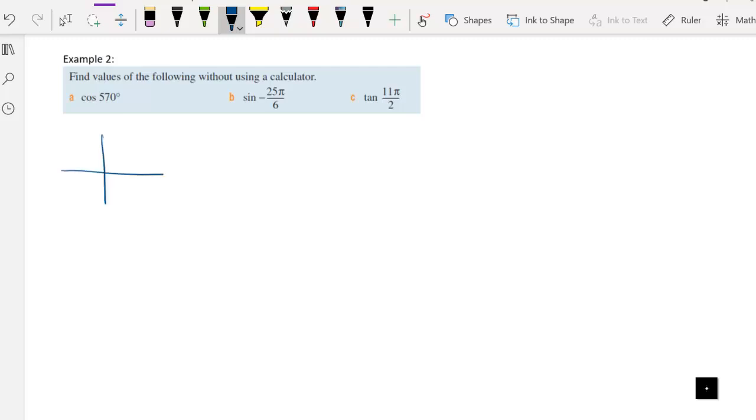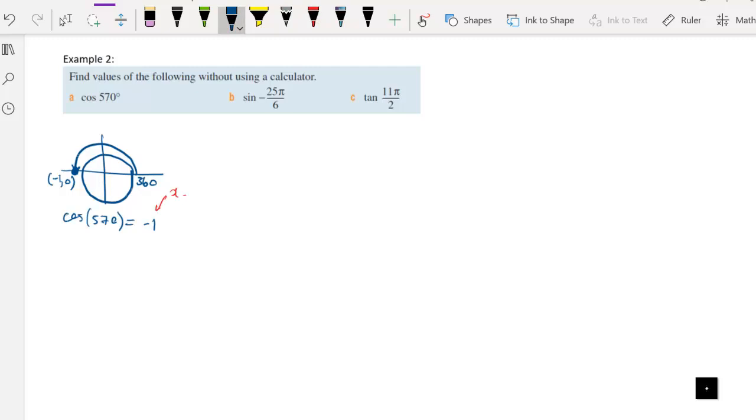So when we look at 570, we can realize that that's a full circle, that's 360, plus an extra 180. That extra 180 finishes at this point, negative 1, 0. And therefore, cos 570 will be equal to negative 1, because that is the x value.